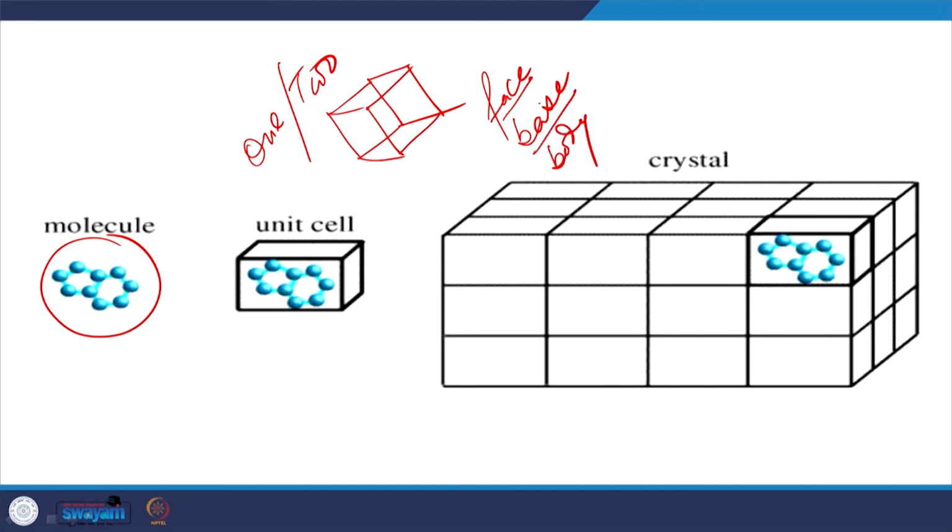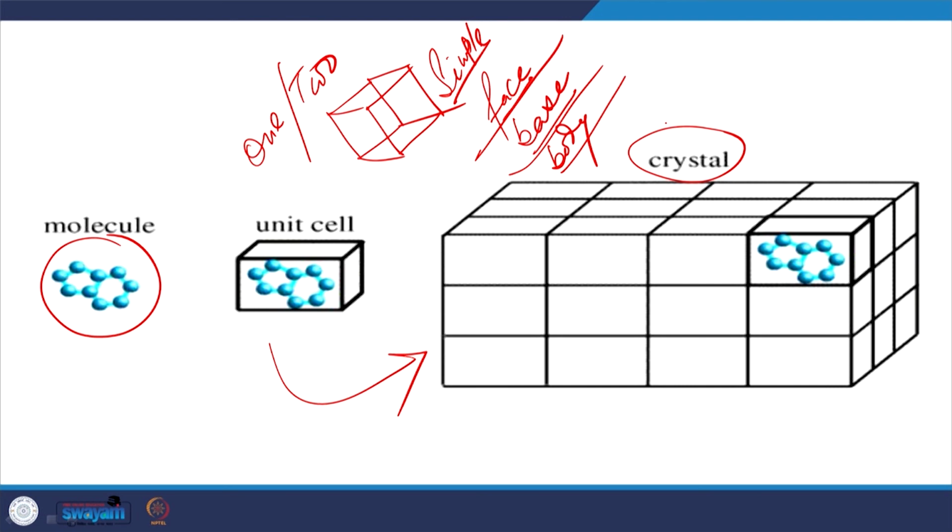So, you get simple cubic development, face centered cubic development, base centered cubic development and body centered cubic development, and they would be repeated to develop a 3-dimensional array, which is our crystal.